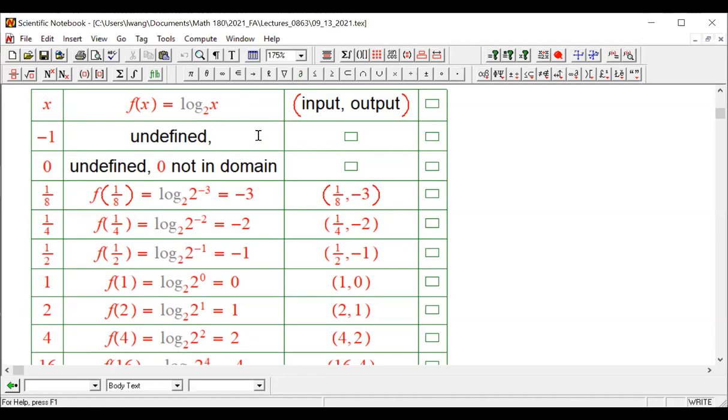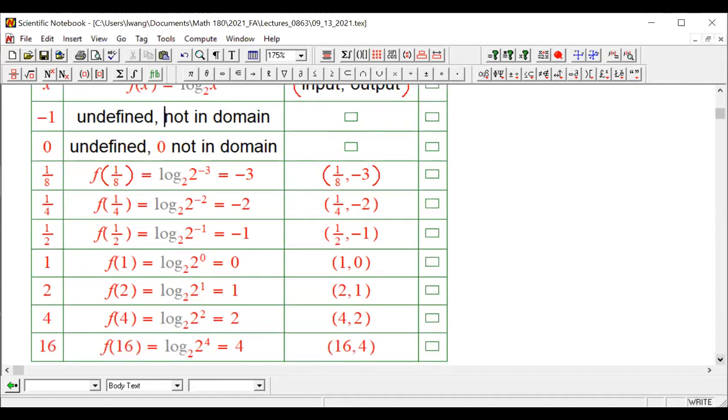In fact, the domain does not include any number 0 or less. Will the domain include all the positive numbers? Yes.